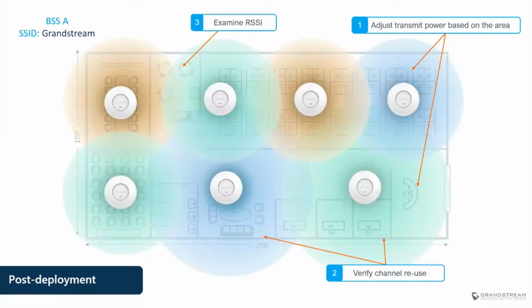To prevent co-channel interference, GWN access points have a built-in feature called DCA, or Dynamic Channel Assignment. It allows the access points to monitor the channels and decide what is the best one to use. And the last approach is to examine the RSSI.